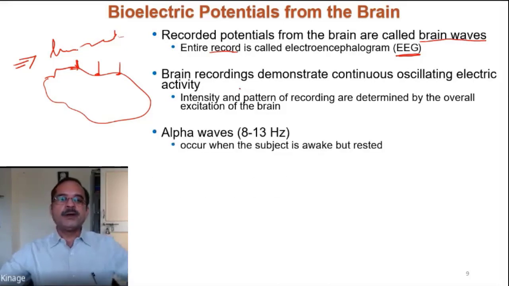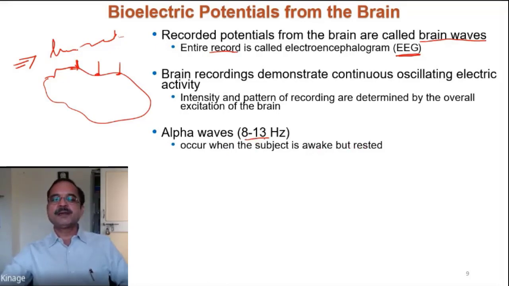Now this we have discussed in the earlier lecture. The frequencies associated with this EEG are alpha waves, that is 8 to 13 hertz. Now this frequency occurs when the subject is awake but rested.